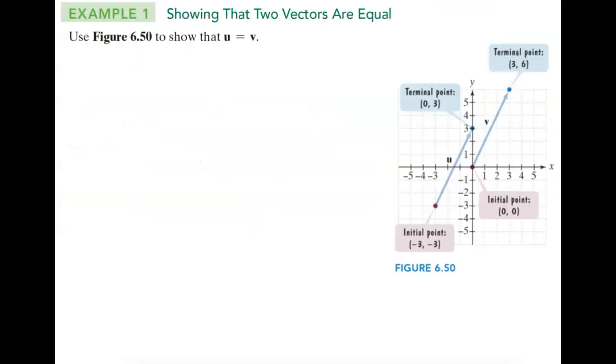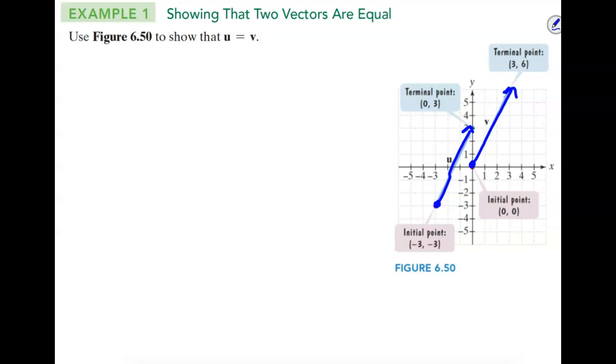All right, so we're going to do this first example, show that these two vectors are equal. So we have figure 6.50 to show that these two vectors U and V are equal. All right, so here is our first vector. And then here's our second vector. And we want to show that these are the same length or magnitude.